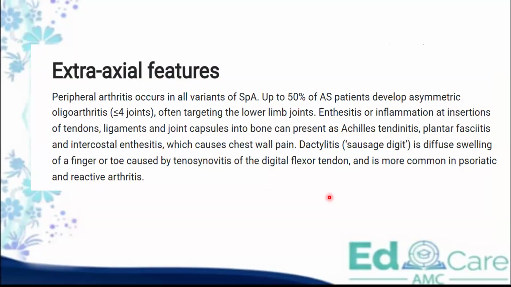So this is again from their guideline. Peripheral arthritis occurs in all variants, right? So you can have peripheral arthritis. Up to 50% of them will develop asymmetric oligoarthritis as well. So just because they give you this peripheral arthritis doesn't mean you can exclude ankylosing spondylitis.